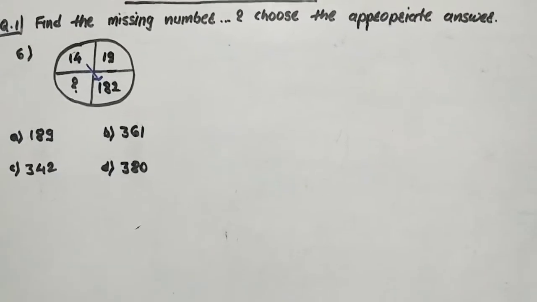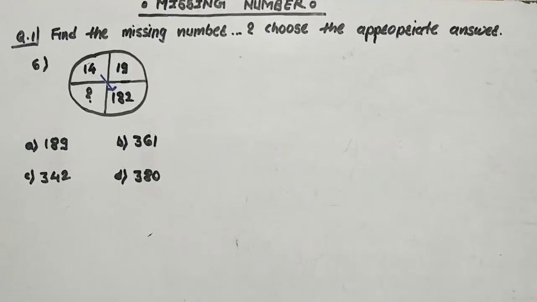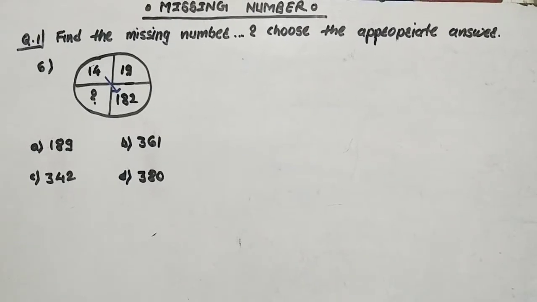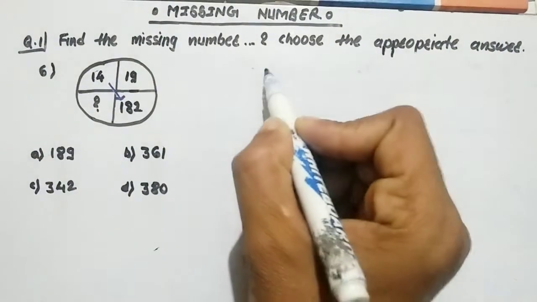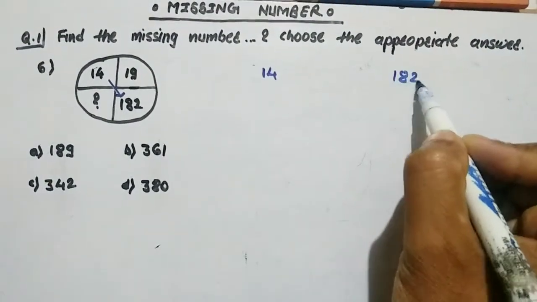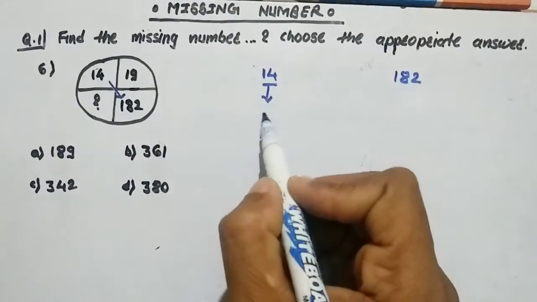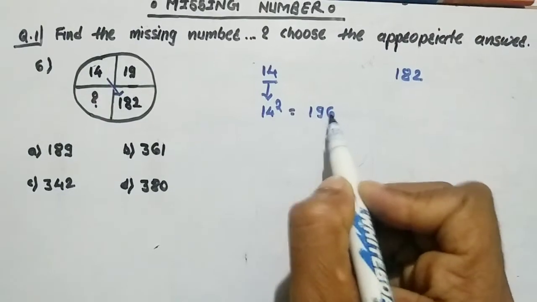So example number 6, यहाँ पे देखते हैं कि find the missing number. We always choose opposite pairs. Remember that, students, we always choose opposite pairs. So which pair? That is 14 and 182. You know the square of 14 is 196, right?